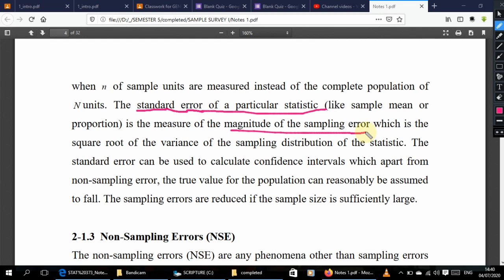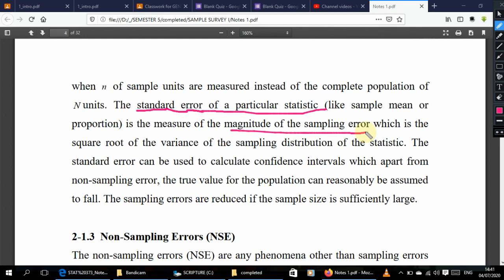Since there are so many possible samples that can be picked, we have to look at the variations, and that variation will be captured in the standard error. The fact that you didn't use the whole population but picked a sample, and your sample may be different from some other sample, means there is that variation, those changes.